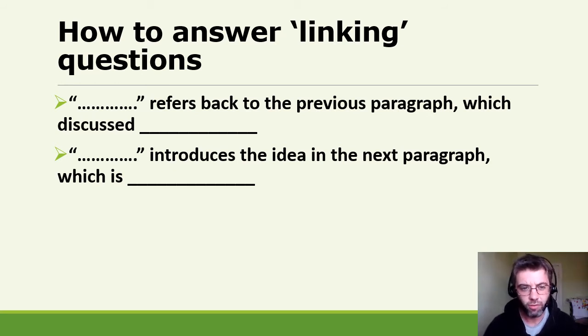So you quote something from that, and then you point out how it's connected to what came in the previous paragraph. And then you quote something else and explain how it's introducing what's going to come up in this paragraph that the reader's now looking at. And in that way you can show how that single sentence connects the previous paragraph that we've just read to the paragraph that we are about to read, and as a consequence becomes a linking sentence.